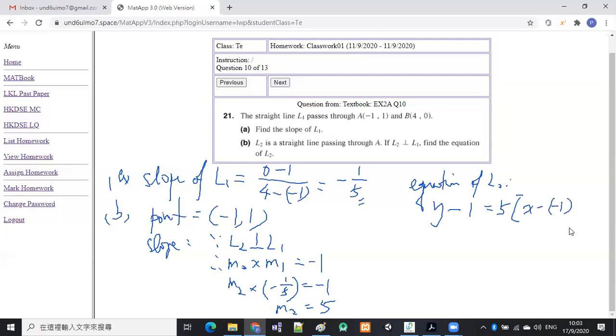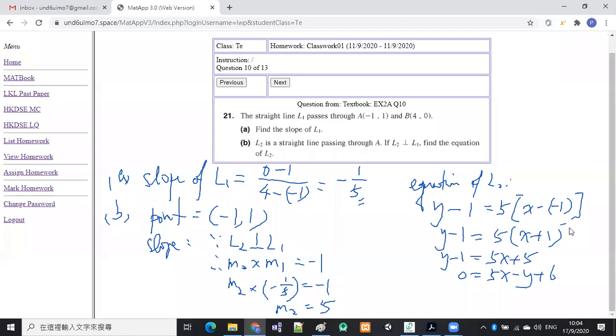Our x1 is -1, right? Okay, there is no fraction, that is good, so it's 5 times x plus 1, and then removing the brackets, it's 5x plus 5, and moving all the terms to one side and keeping x term positive. So 5x minus y plus 6. Therefore, it is 5x minus y plus 6 equals 0.